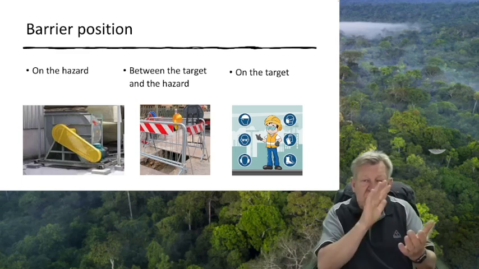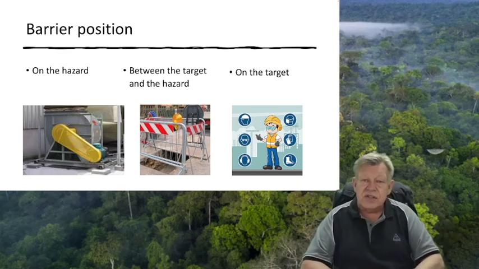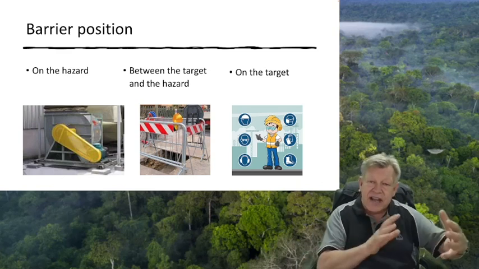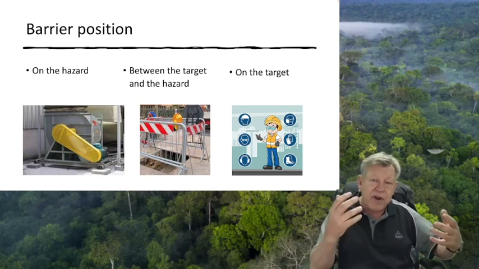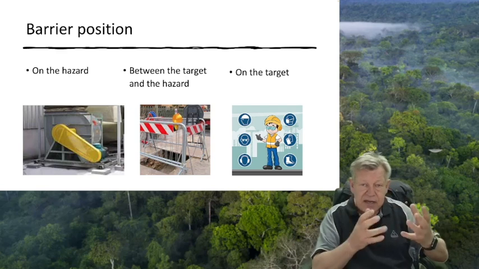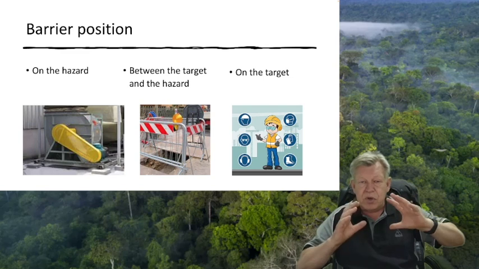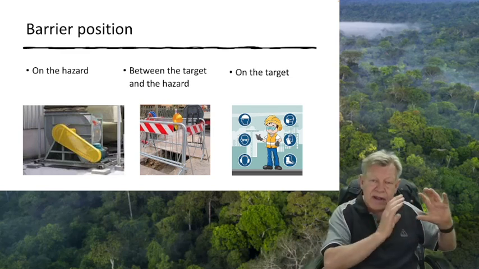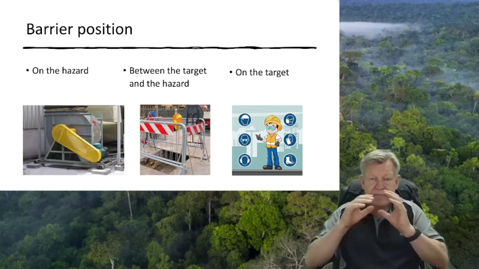So what we do is we put lids and covers and guards onto these machinery so that the energy stays inside that machine. Even if something comes loose, it will not fly out of the machine, it will stay inside. So I can put barriers on the hazard to keep the energy where it needs to belong.